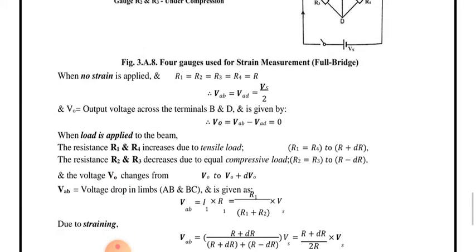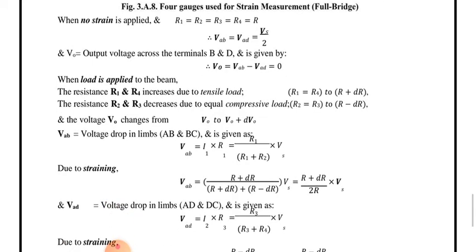Okay, so VAB equals the voltage drop in limb AB and BC, given as VAB equals I1 into R1, and I will be represented as Vs upon R1 plus R2.